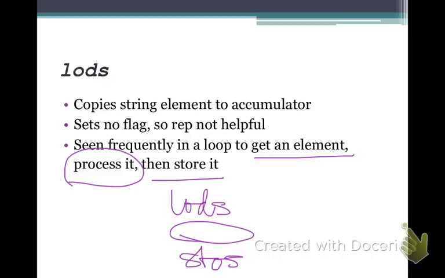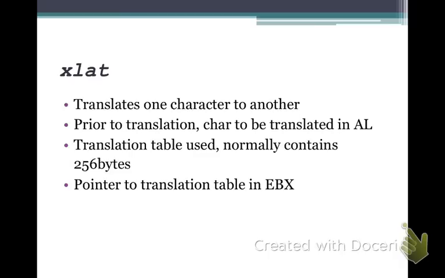This last slide is a new instruction I'm going to show you that does translation. XLAT is an instruction that translates one character to another. Prior to translation, the character to be translated is in the AL register.